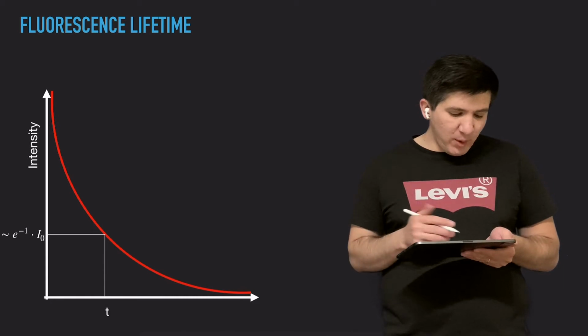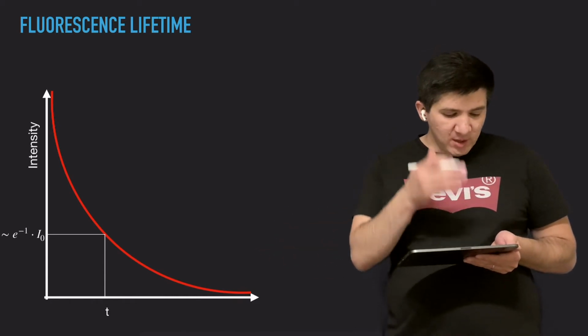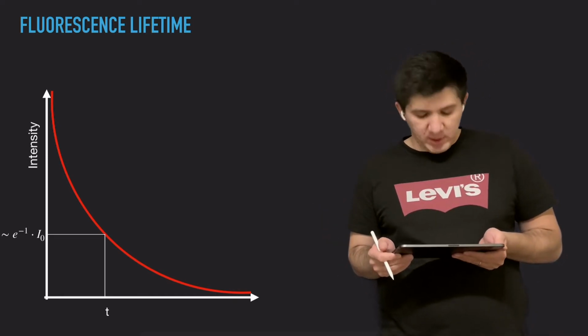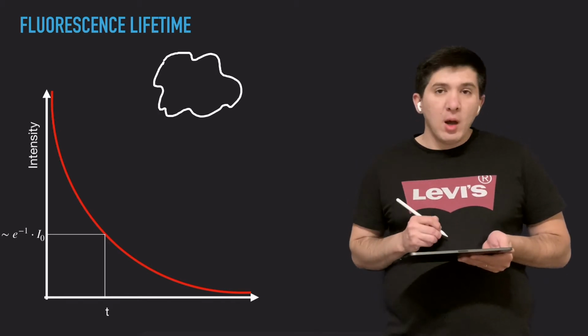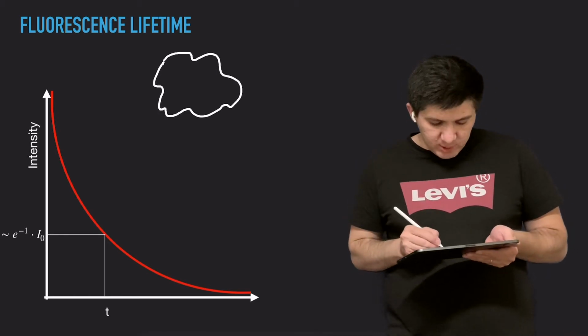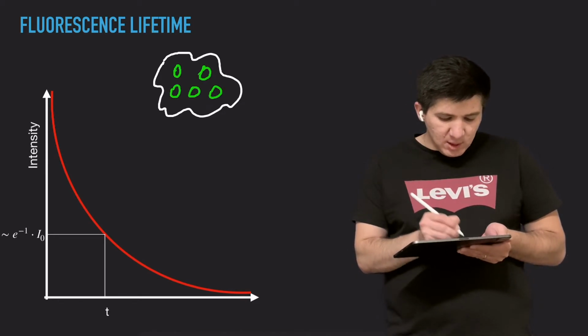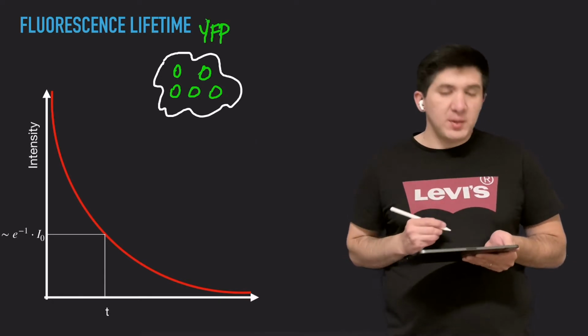So essentially, we are going to measure the fluorescence lifetime using, again, the exponential curve. And I'm going to explain this to you in a moment. So let's say I've got a sample here with lots of fluorophores inside. Let's say this is the YFP fluorophores.